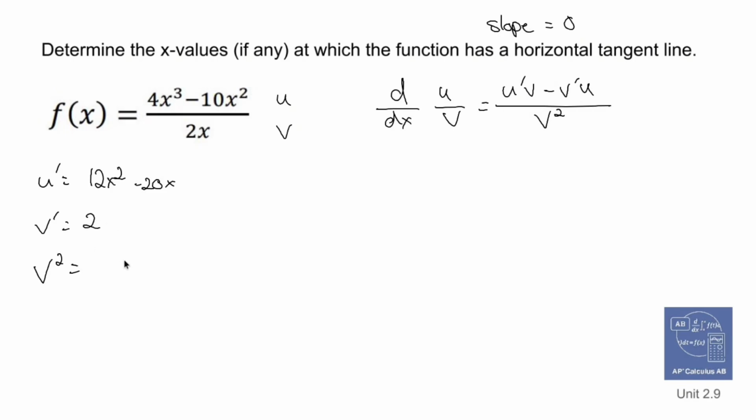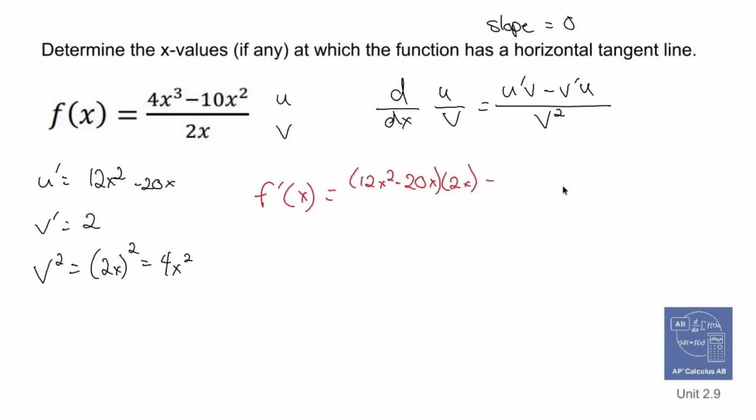And then v squared is going to be 2x squared, which is 4x squared because of multiplying things. Now let's set this all up. v prime of x is going to equal u prime v, so u prime was 12x squared minus 20x times v, which is times 2x, minus v prime.